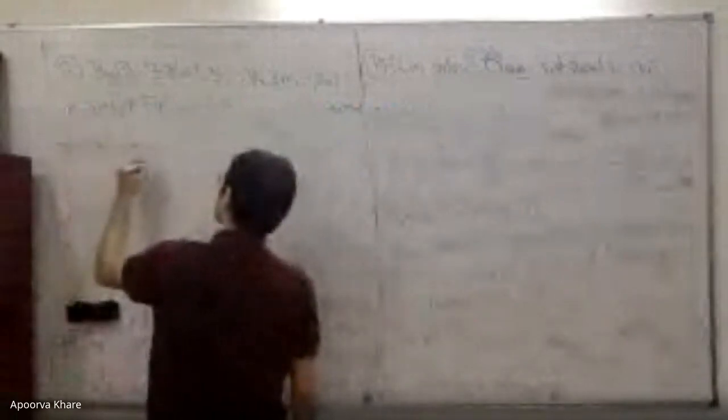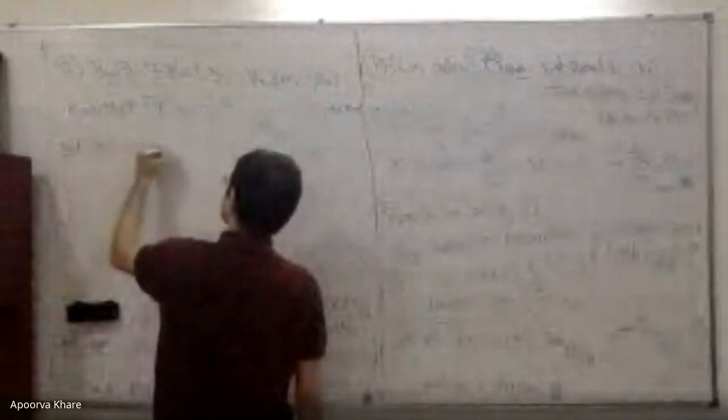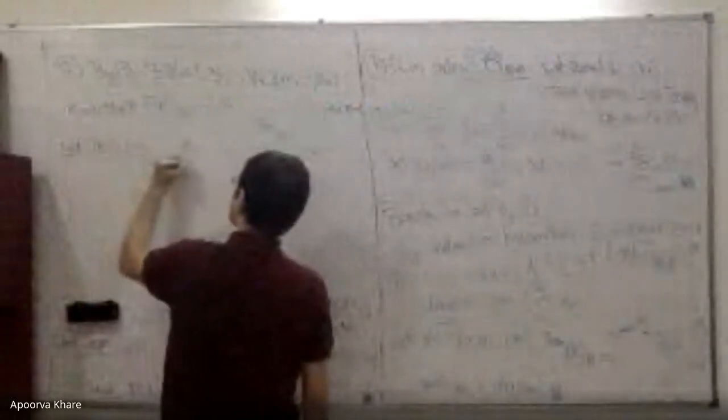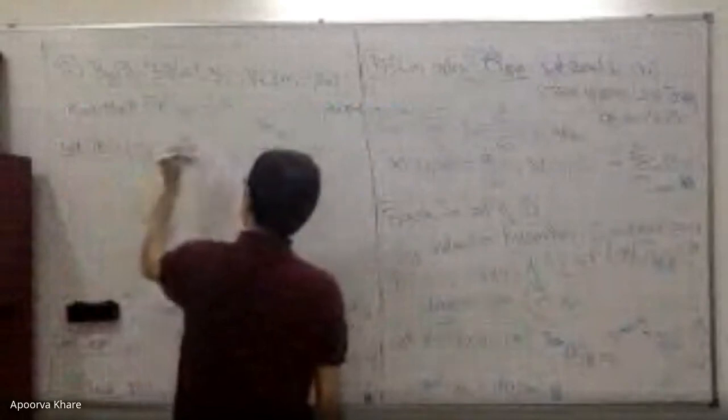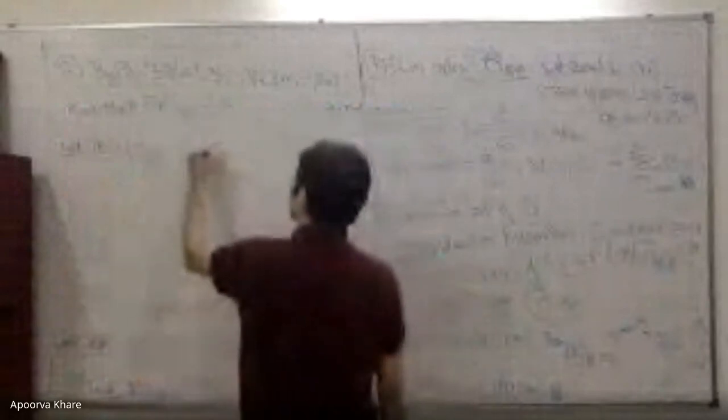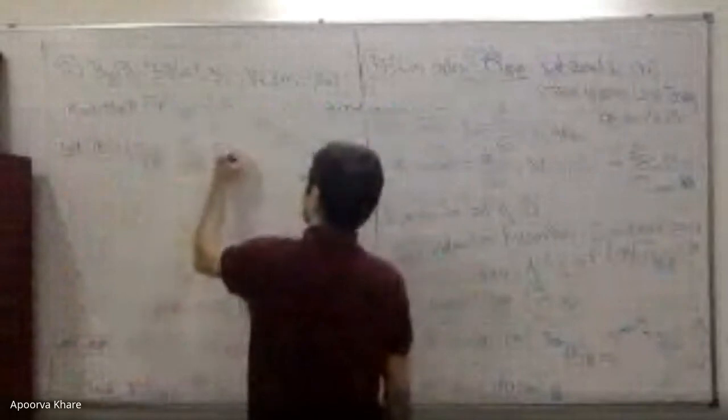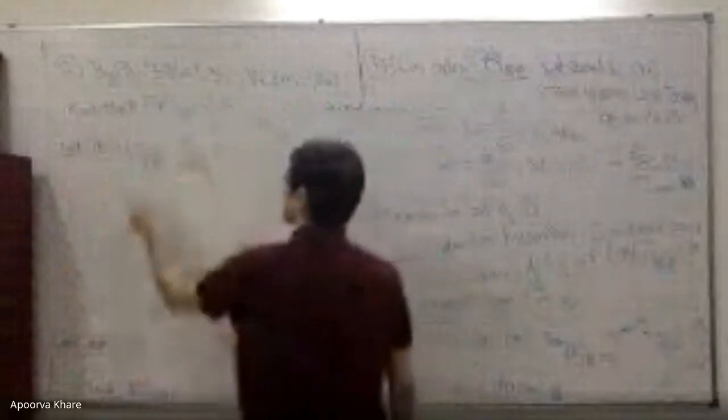Let v prime be v1 over square root sigma 1, up to vr over square root sigma r, and then the rest of the v's are kept the same. This is my ordered basis, okay?